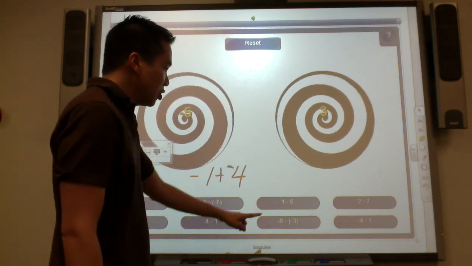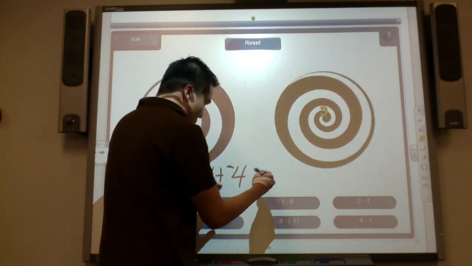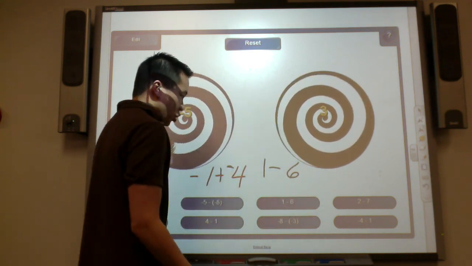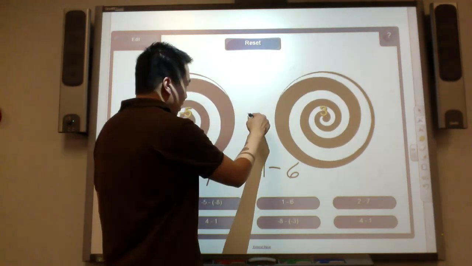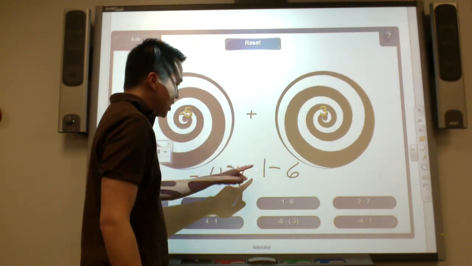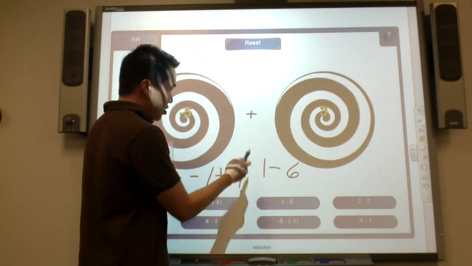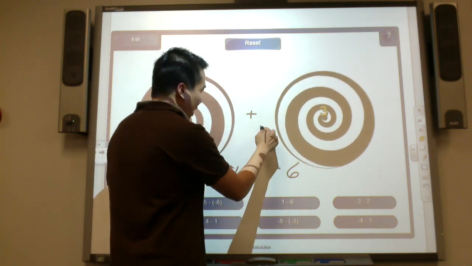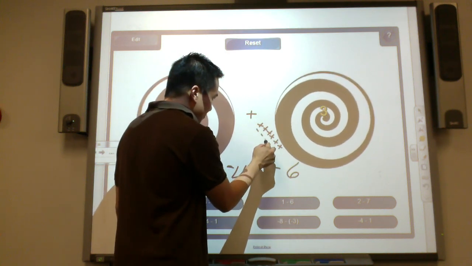Let's look at this one. You have 1. You're going to take away 6. You can, if you want to, draw pictures of it. You have 1 positive. You need to take away 6 positives from that. But I cannot take away 6 positives. There are not enough positives to take away. So what you do is draw 0 pairs.